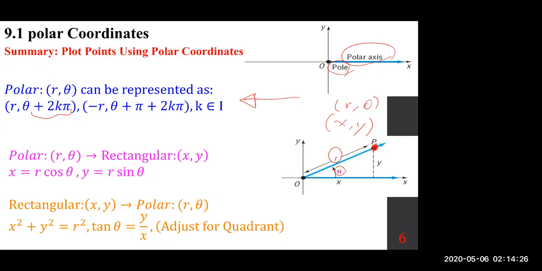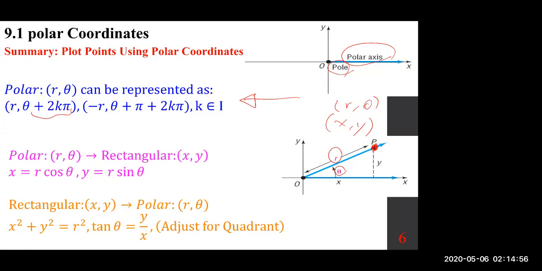We are coming to the same location if we add 2k pi to theta. So many revolutions. 2 pi is 1 revolution, and 2k pi is k revolutions. So a pair in the rectangular coordinate system is unique, end of the story. In polar coordinates, it's not.